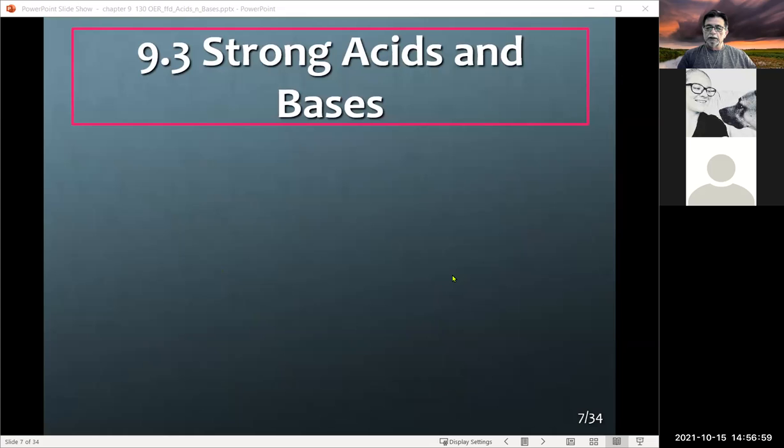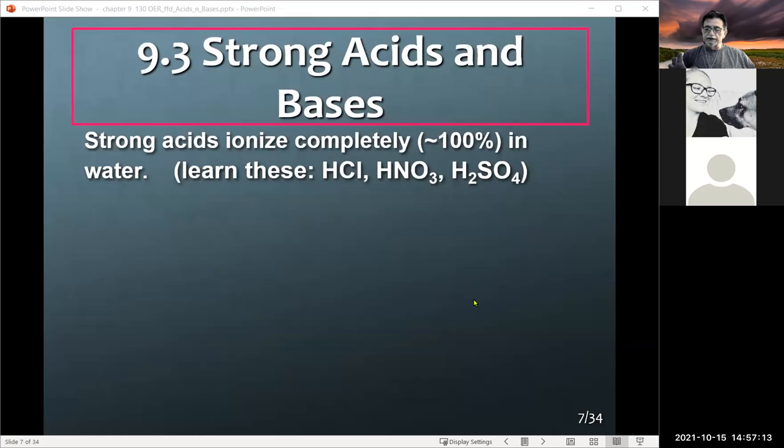Okay. All right, now we're going to talk about, this is where I started off, strong acids and strong bases. When we talk about this, we're talking about how much of that acid dissociates. We're going to learn that some of these acids dissociate 100%, and others not as much, okay?